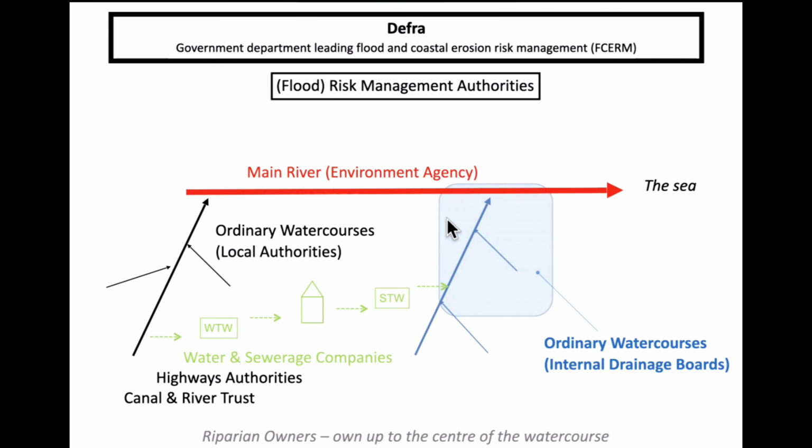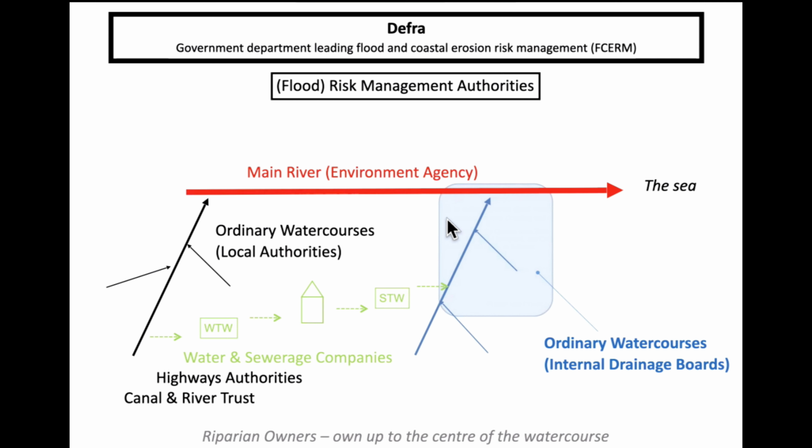The main rivers, so the River Nene and the River Great Ouse, are looked after by the Environment Agency. Ordinary watercourses within the area of the Bedford Levels are looked after by internal drainage boards. And where there isn't an internal drainage board, ordinary watercourses are looked after by the local authorities.